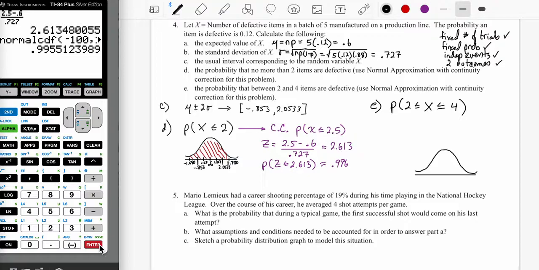All right. Now with continuity correction, that would mean that we're looking at 1.5 to 4.5, to give us that extra wiggle room corresponding with the area under the normal curve. So the probability going from 1.5, capital X, to 4.5.